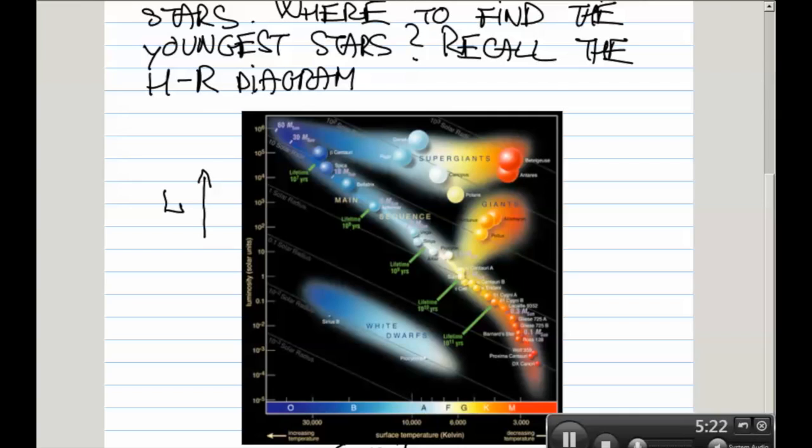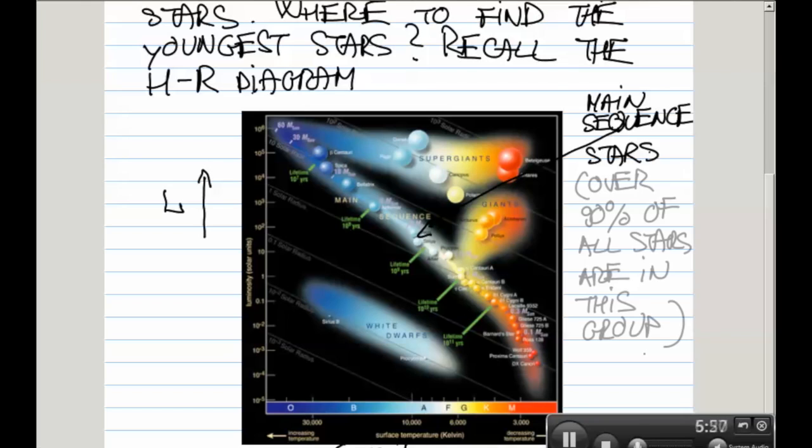Okay? So when you do that for a large number of stars, you realize that they break up into three distinct groups. This diagonal group here is the so-called main sequence, and over 90% of all stars belong to this group.